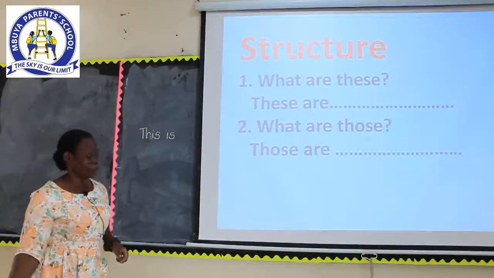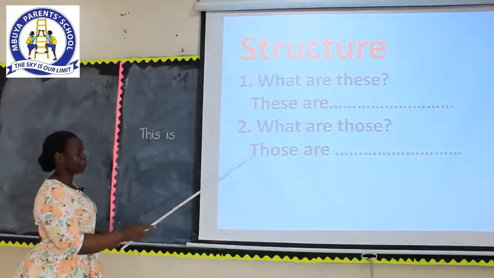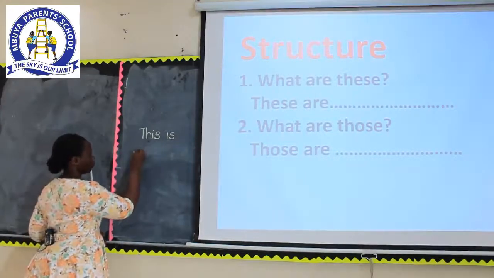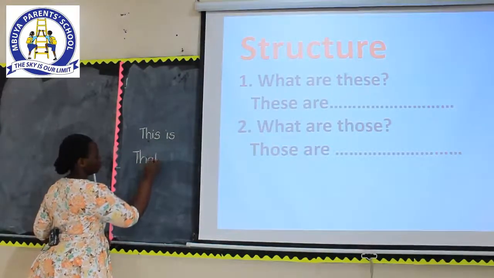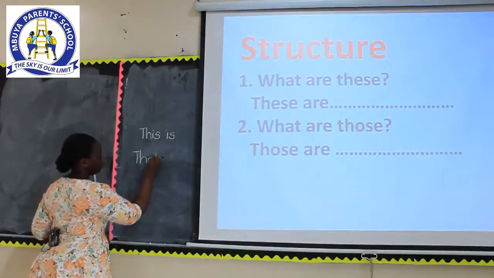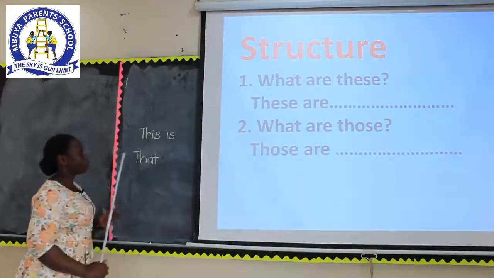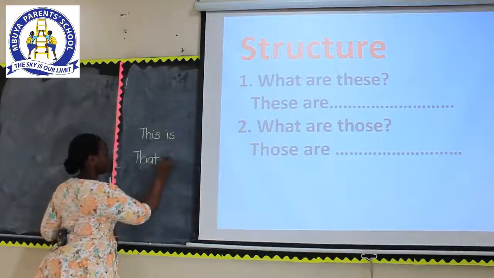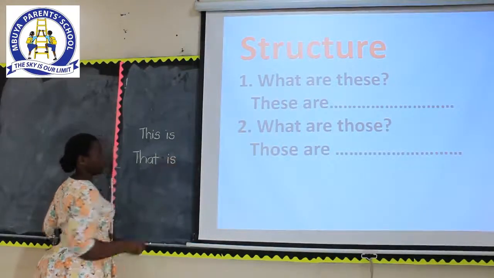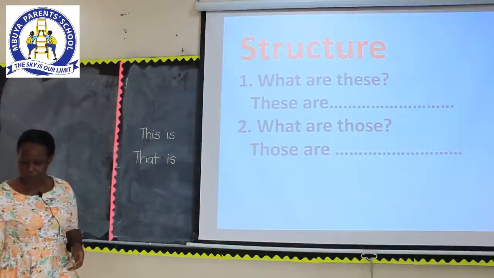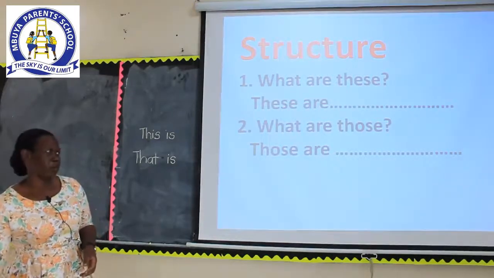Then the word those. The word those is the plural form of the word that. I've already told you that the word are is a plural form of the word is. Now when you say these, it means that you have the items with you.